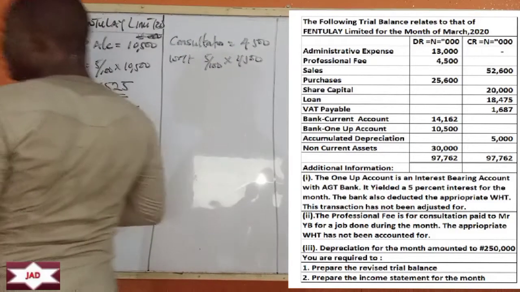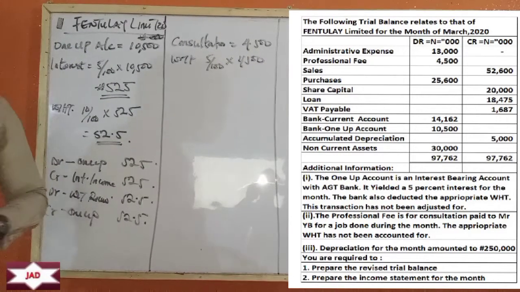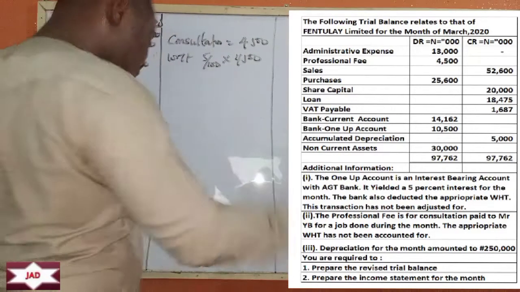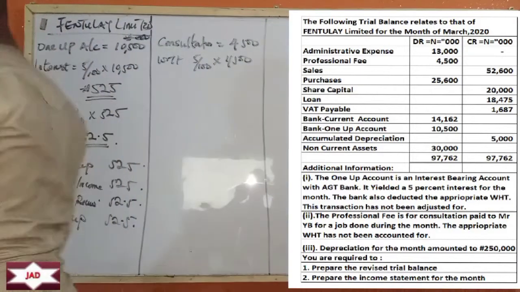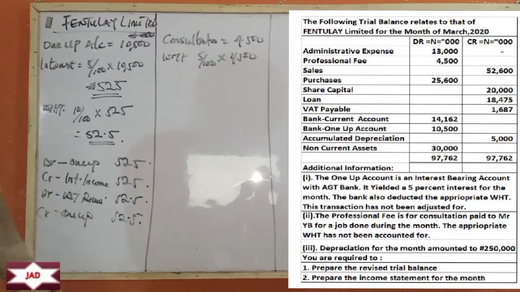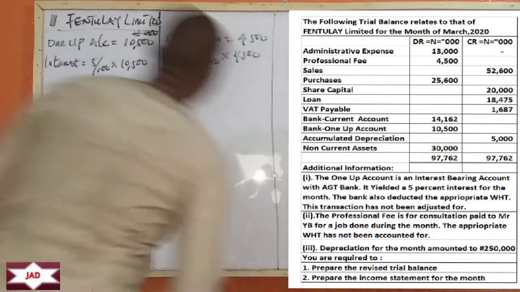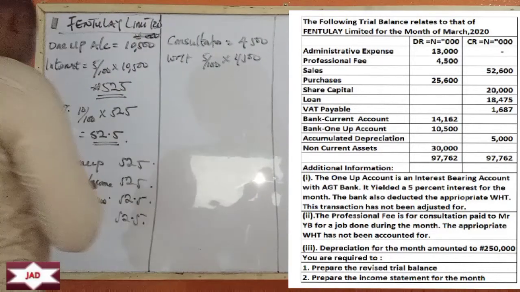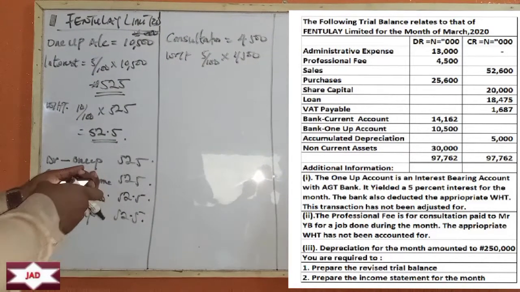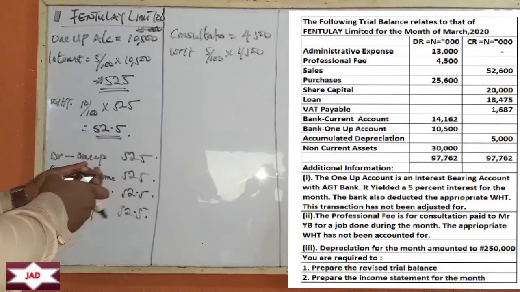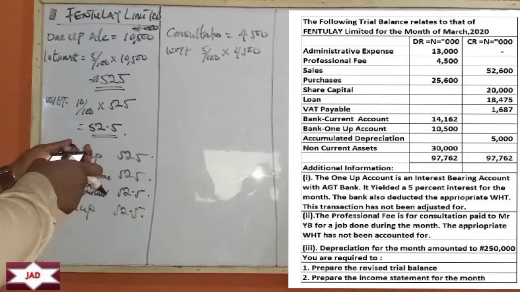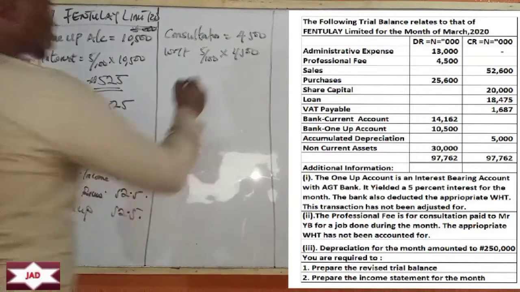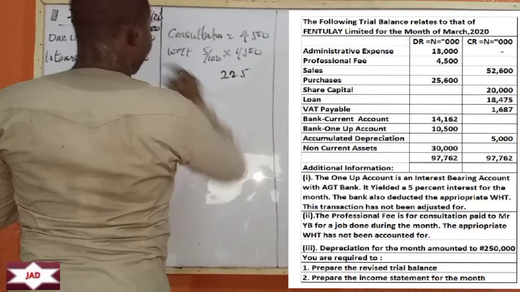But he is an individual, so consultation for individuals is 5%. So let's do that quickly. 5% of this, 0.05 times 4,500. So this is 225, right?